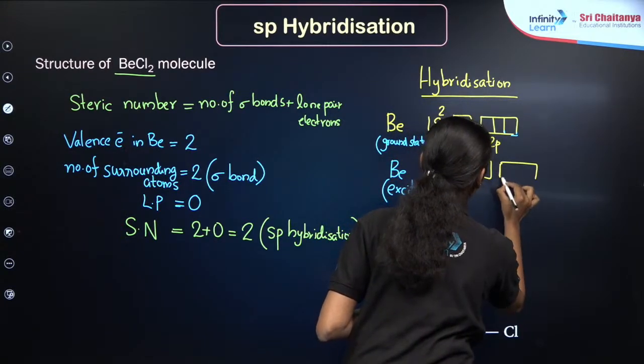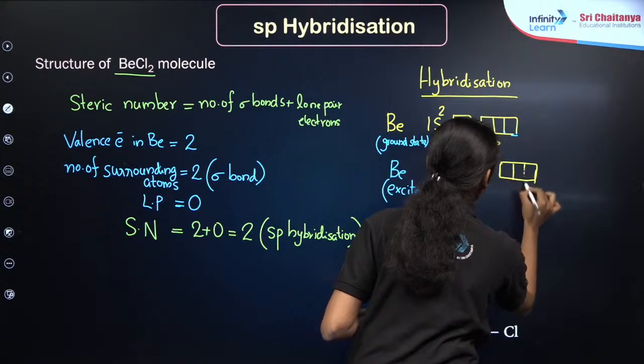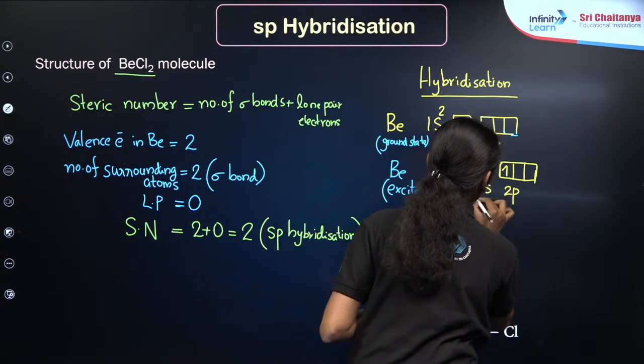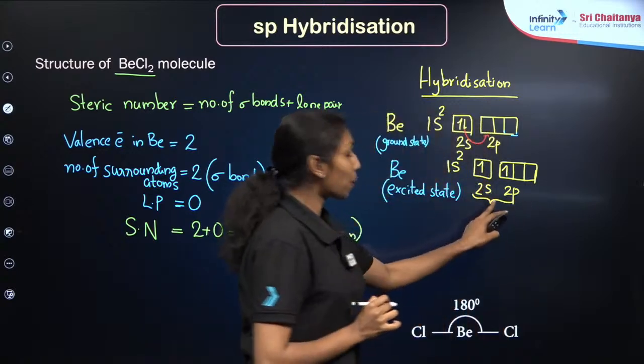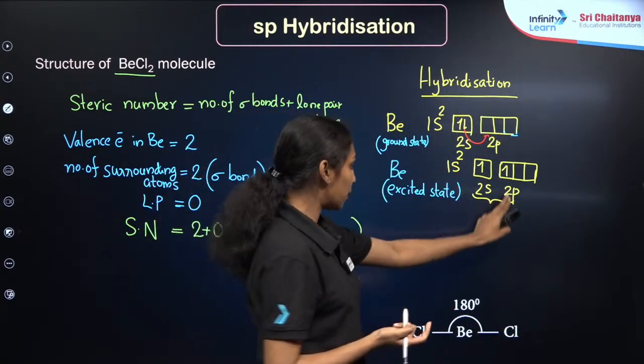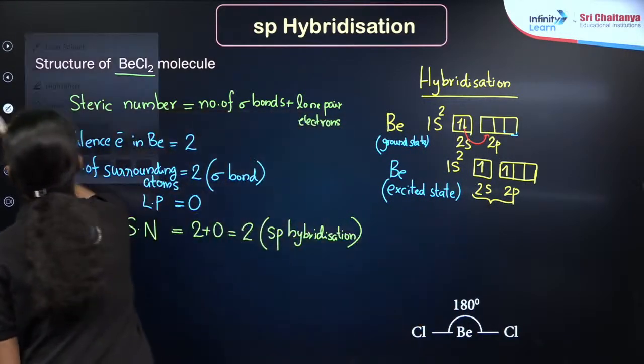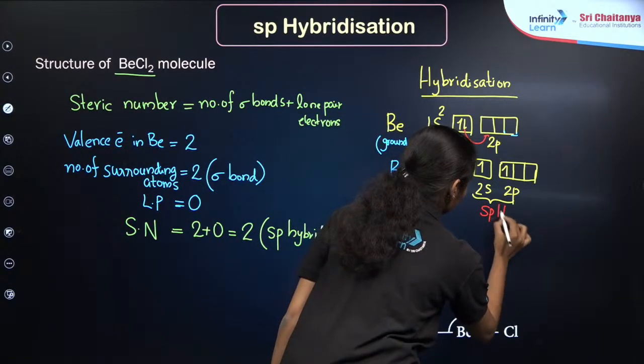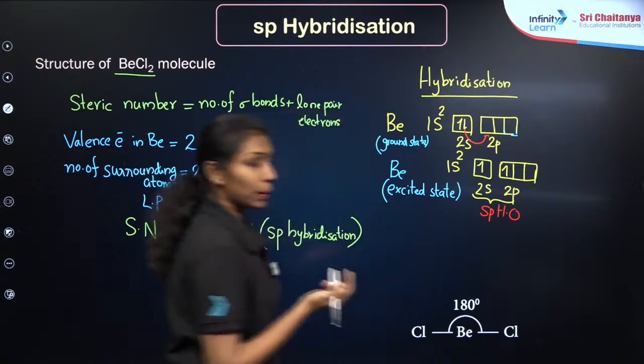One of the electron from 2s orbital is going to the 2p orbital, right? Then one of the 2s orbital and 2p orbital undergo sp hybridization here. It will form the sp hybridized orbital.